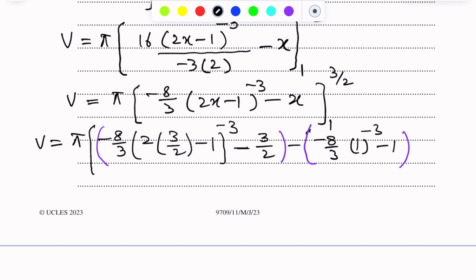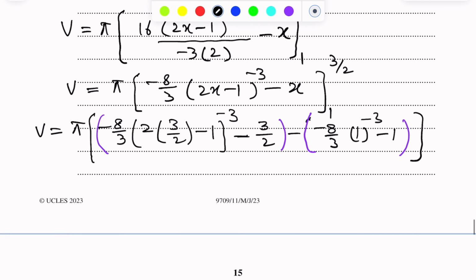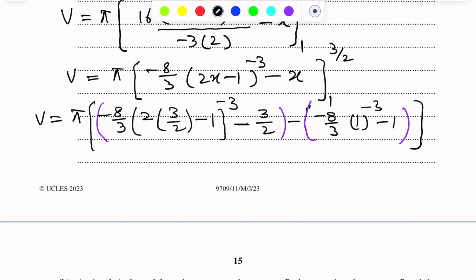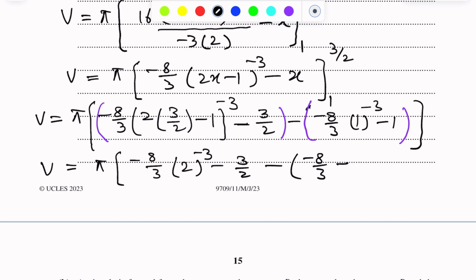Now we simplify it. This will become V is equal to pi into [minus 8 over 3, 2 power negative 3, minus 3 over 2, minus (minus 8 over 3 minus 1)].